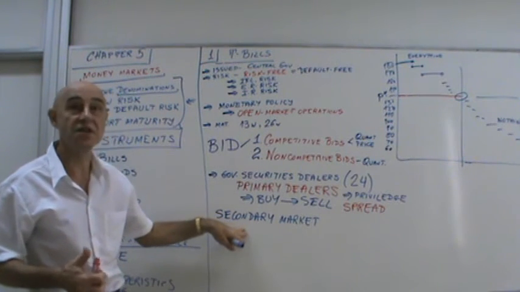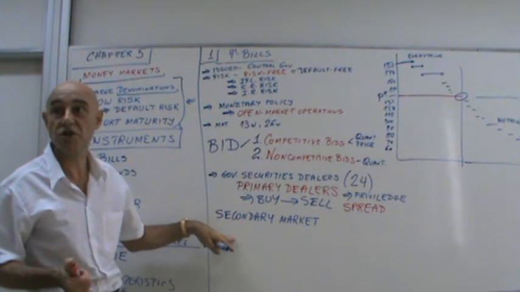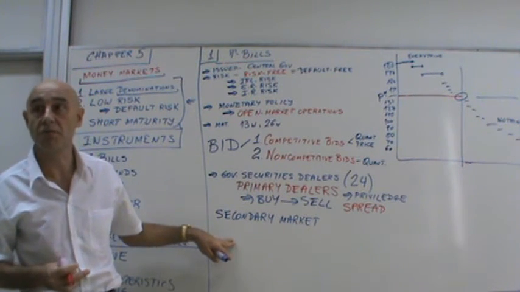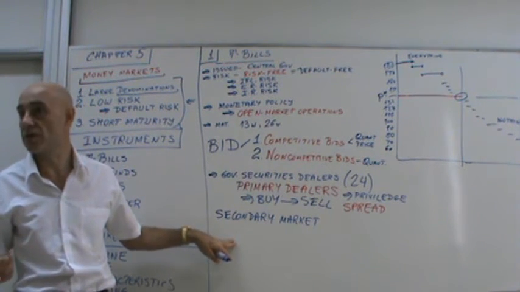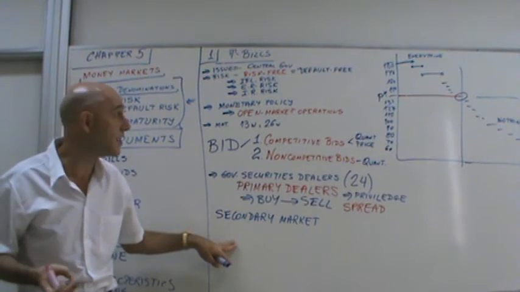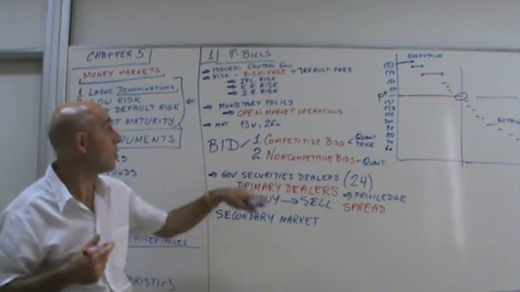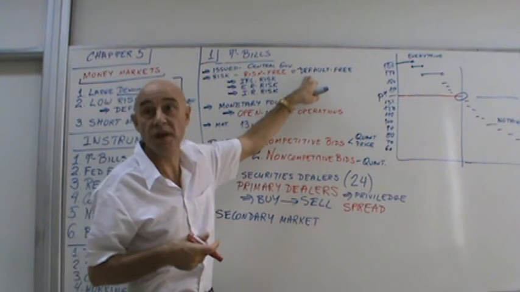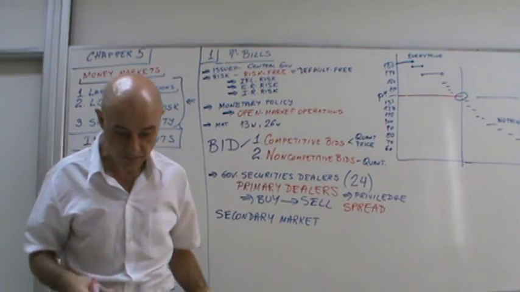This market, both the primary and especially the secondary, is considered to be the most liquid financial market in the world, okay? It's highly liquid because it's considered or thought to be risk-free. And for now it has been default-free.